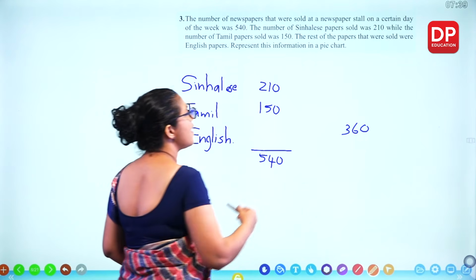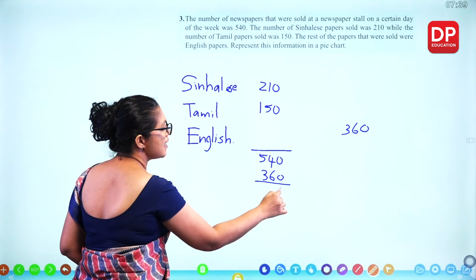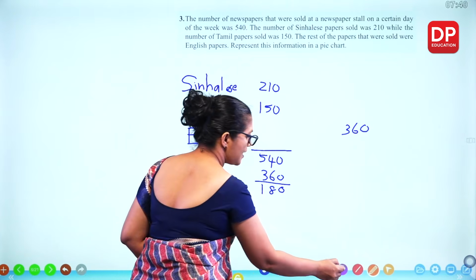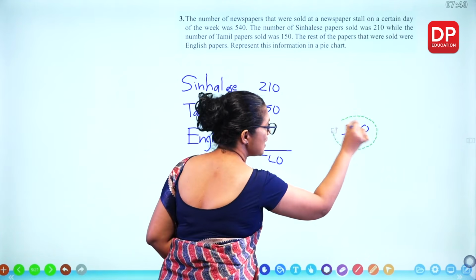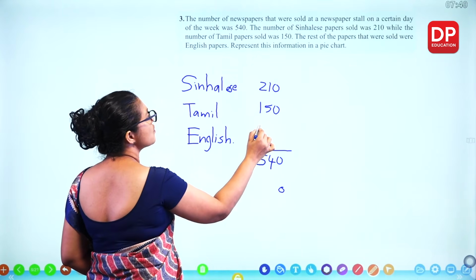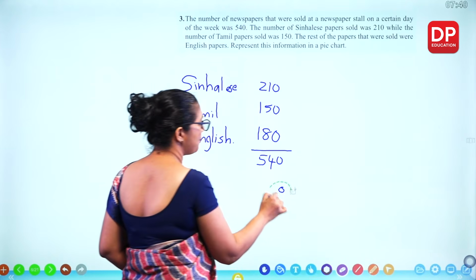You get 360. 540 minus 360, what do you get? 180. So first thing you can mark 180 there. So here this is 540. So 180 English papers are there.